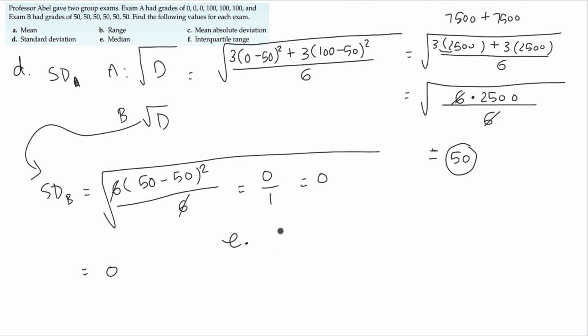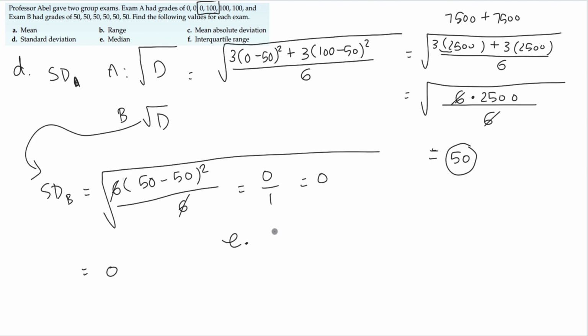How about E, median? How do you find the median? To find the median, you need to put the values in either ascending or descending order. It is already written in ascending order, right? And you have 6 values, so you can find what is in the middle. The median is the value between 0 and 100. So what's the mean of 0 and 100?